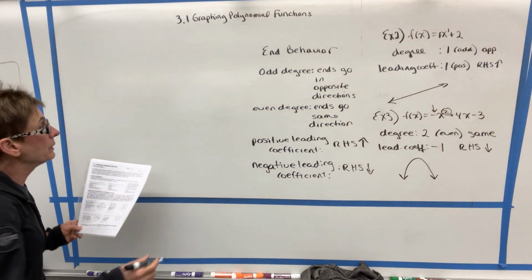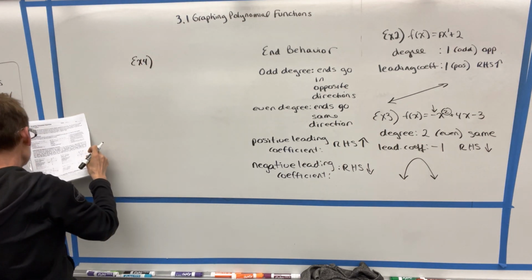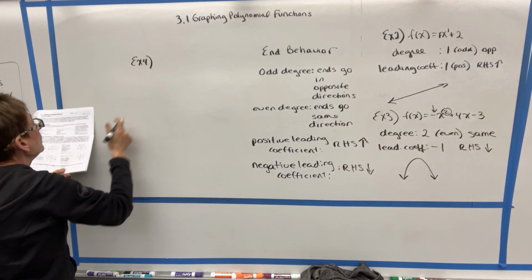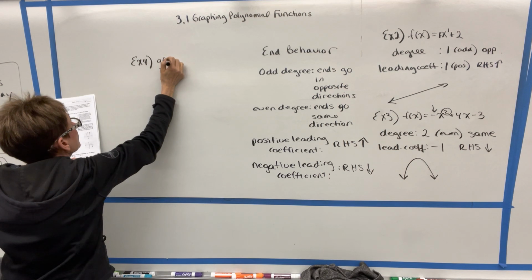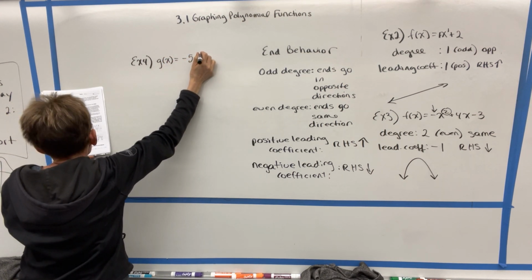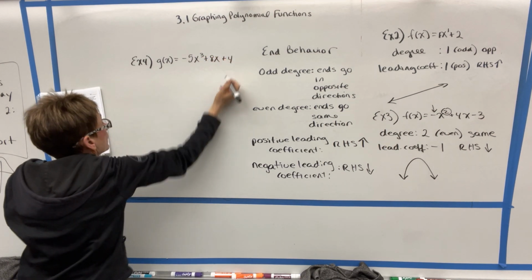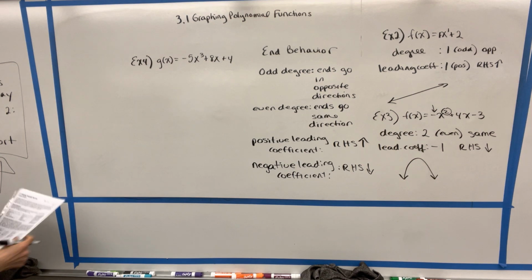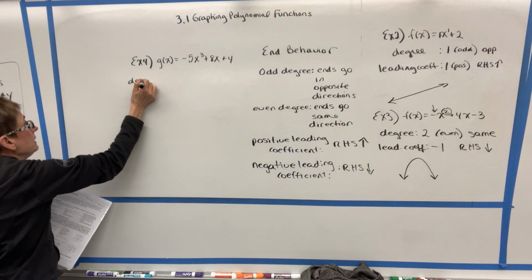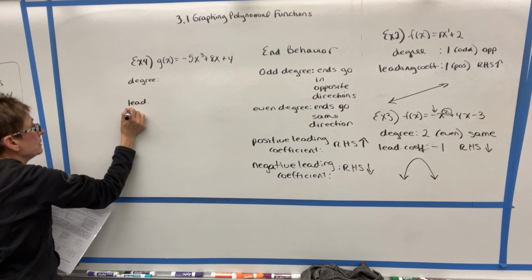Let's do one other example similar to this, example number 4. Let's go ahead and look at g of x is equal to negative 5x cubed plus 8x plus 4. Again, we want to make a note of the degree and the leading coefficient.